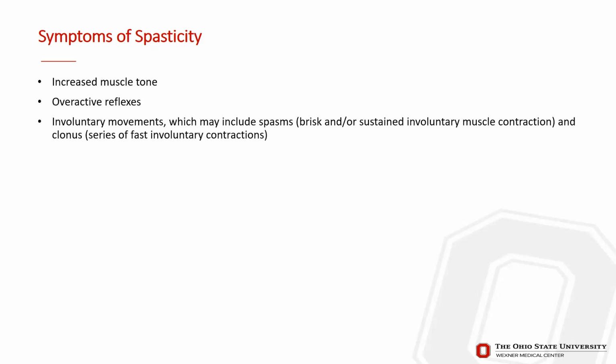So involuntary movements. There are some types of spasticity that are like dystonic movements. If people are trying to pick something up, you try to pick up a glass and then your arm all of a sudden jerks, or you're trying to pick up your leg to put your shoe on and your leg will jerk. So you can have some of those dystonic spasms.